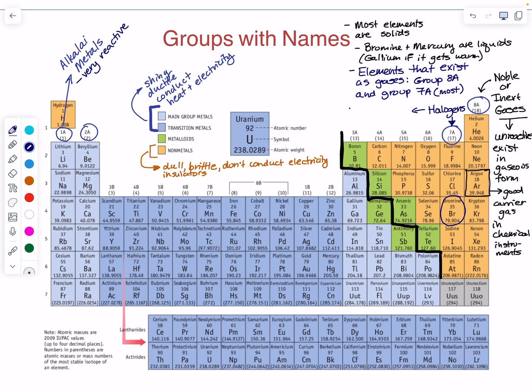And so the idea when we talk about electron configurations is they're going to engage in reactions to get to an electron configuration that looks like the noble gases, okay? So they are reactive and they exist as diatomic molecules. So for example, Cl2, okay, so chlorine.